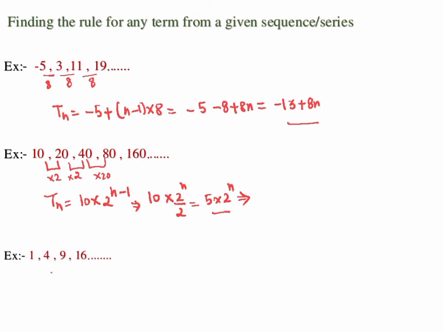Similarly here, you will observe it is neither being multiplied by a common factor nor being added. But these numbers are squares. This is 1 square, this is 2 square, this is 3 square, this is 4 square. So the nth term will be n square. So this is the common rule or expression.